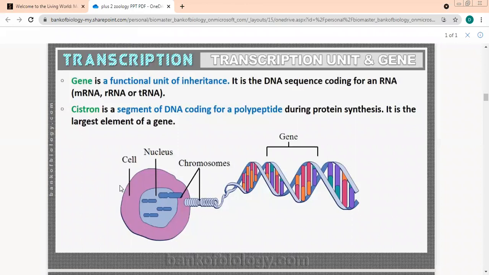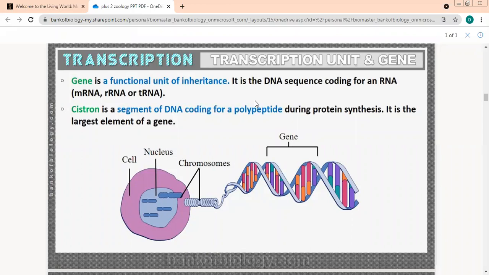Ribosomal RNA. And what is tRNA? Transfer RNA. So when a DNA sequence codes for RNA, it could make any RNA: mRNA, rRNA, or tRNA.